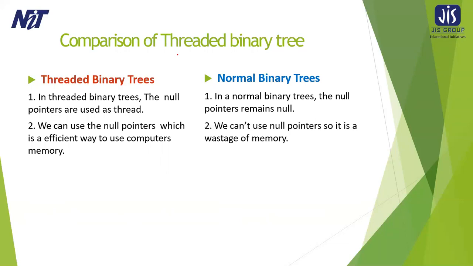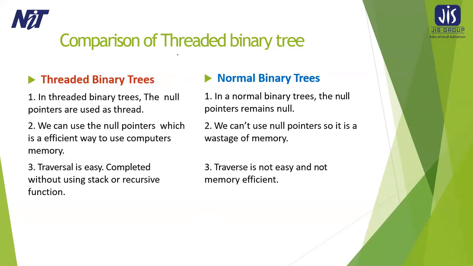In a normal binary tree, we cannot use null pointers, so it is a wastage of memory. In a threaded binary tree, traversal is easy, completed without using a stack or recursive function. In a normal binary tree, traversal is not easy and not memory efficient.